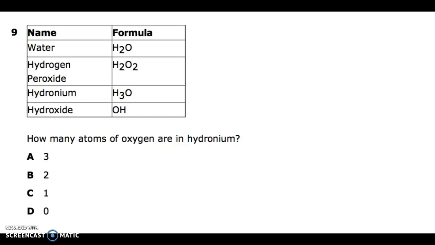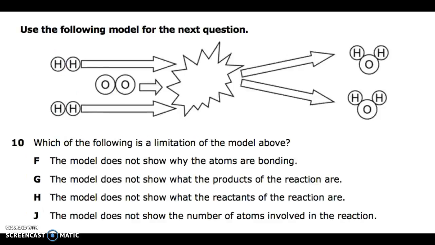Water, H2O, hydrogen peroxide, H2O2, hydronium, H3O, and that's highlighted, so that's what you'll be looking at in this problem, and hydroxide, OH. How many atoms of oxygen are in hydronium? A, 3, B, 2, C, 1, D, 0. Use the following model for the next question.